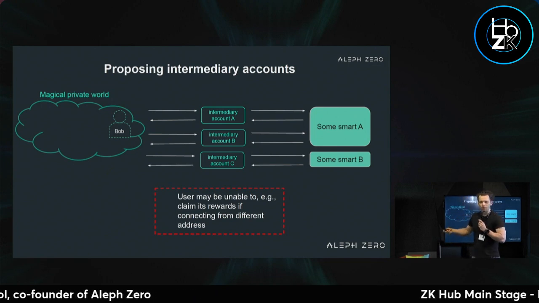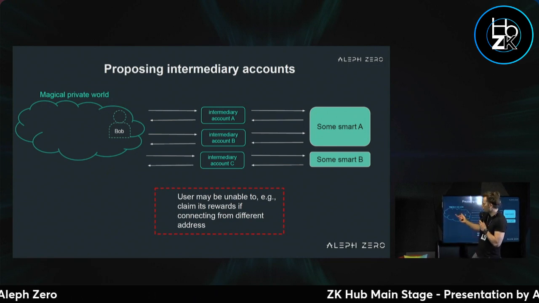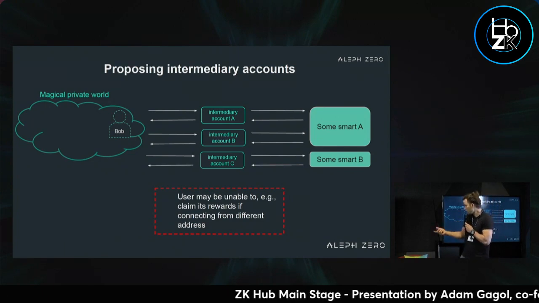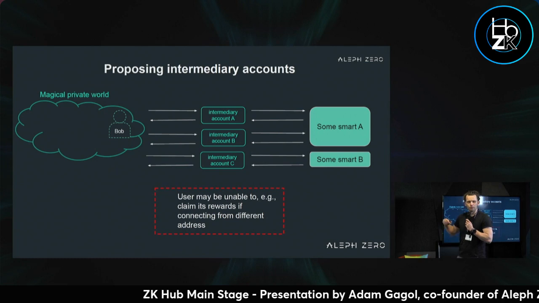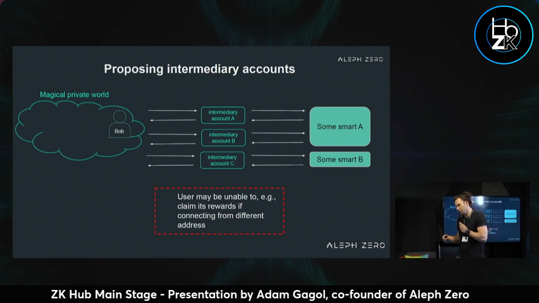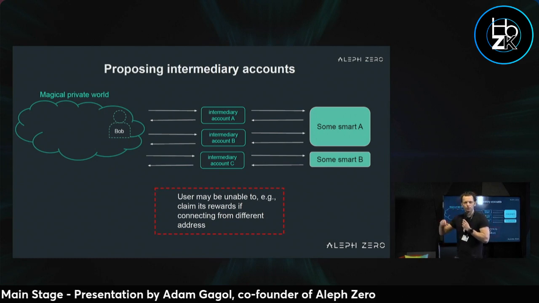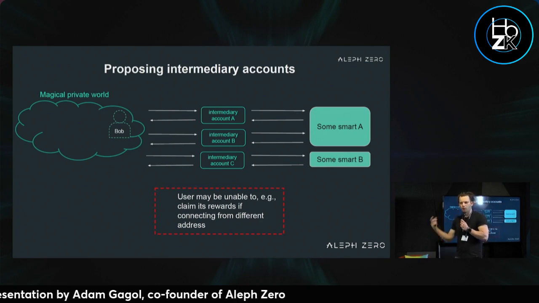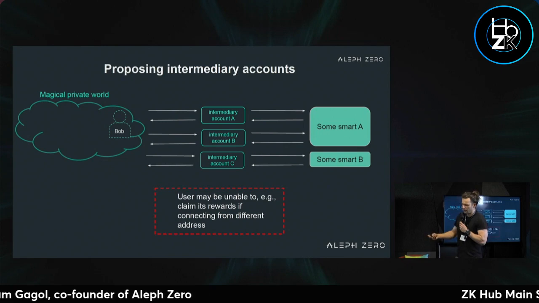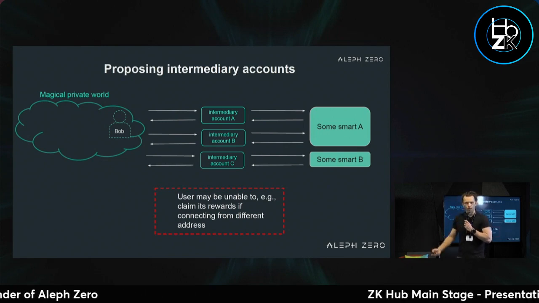It seems that the wallet cannot just assume which intermediary account needs to be used, because the wallet does not know whether the user will be doing an action which is related to any of the previous actions or an action which is unrelated and hence should be unlinkable.